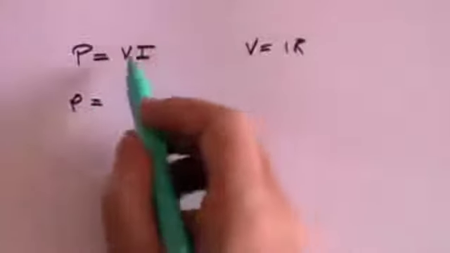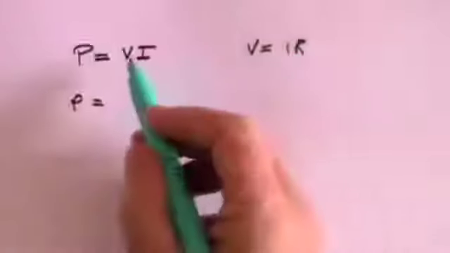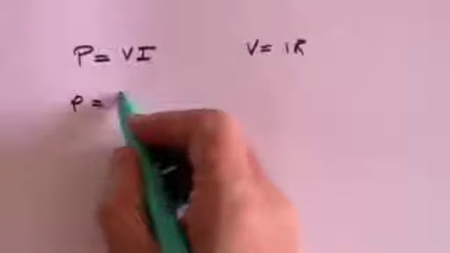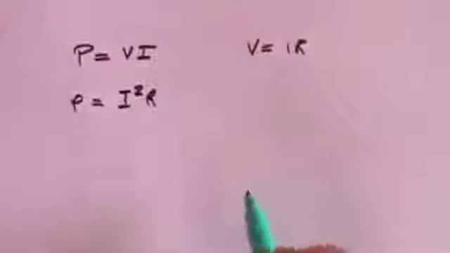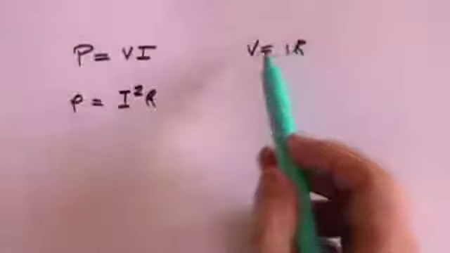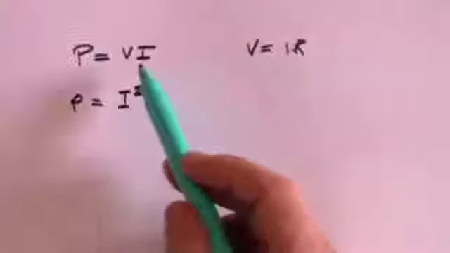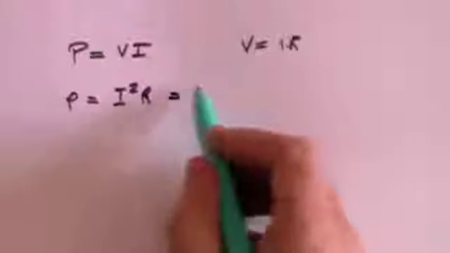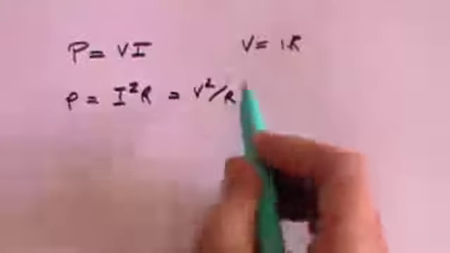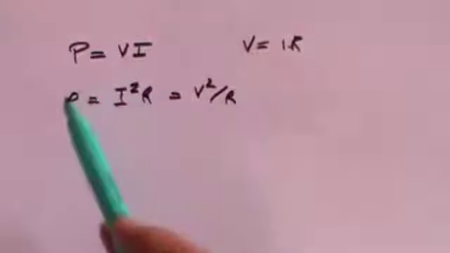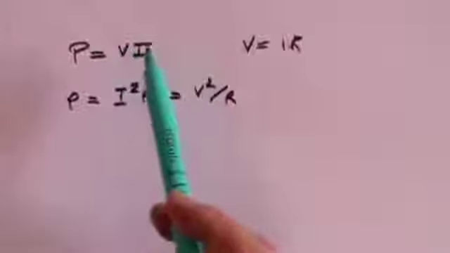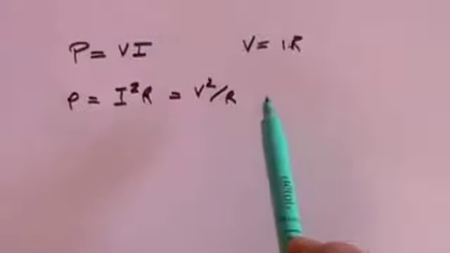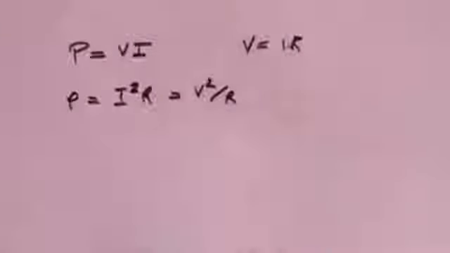If V is IR, then the power is V, which is IR, times I, which is I squared R. Or you can say that I is V over R and substitute in here. So you've got V times V over R, which is V squared divided by R. So you can express the power in any way you like. You can have it V times I, or I squared R, or V squared over R. They are all the same thing.